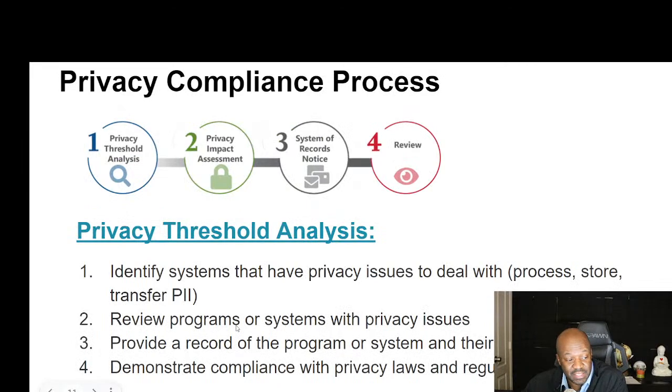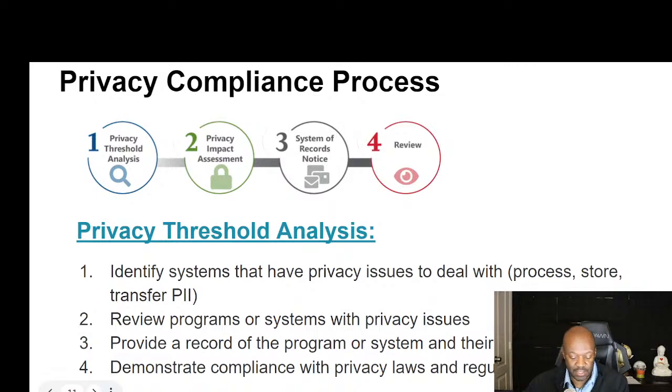Okay, privacy threshold analysis. We go through all the components of what is a privacy threshold analysis. We're going through that and give you an example of how that works. That's one of the things that we're doing, and essentially are identifying the systems that have privacy issues. So privacy impact assessments and privacy threshold analysis don't happen on every system, right?